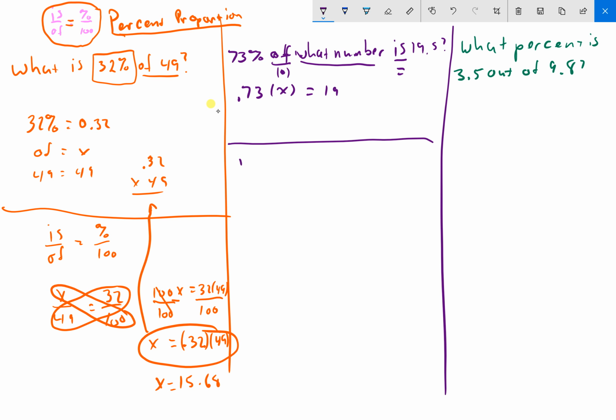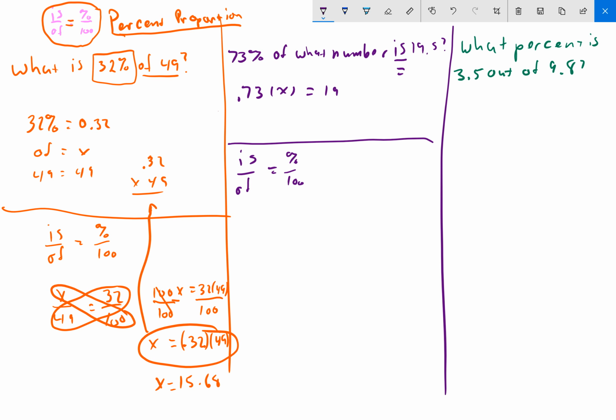Now I'll use the percent proportion just to see if this works. Is over of equals percent over 100. Of what number is 19.5?